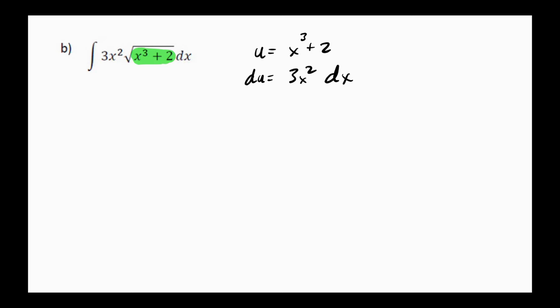Next step, solve for dx. Divide both sides by 3x squared. So this is dx. This is u. Sub in what you have for u and what you have for dx.